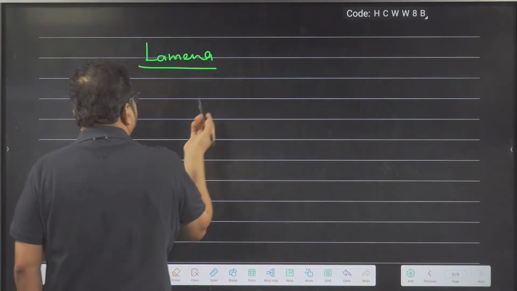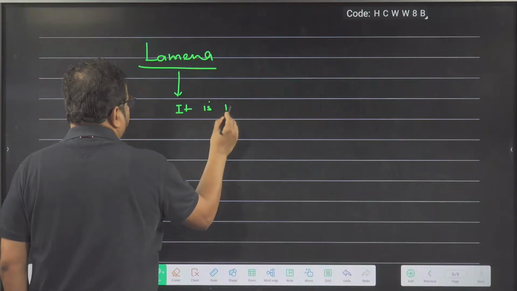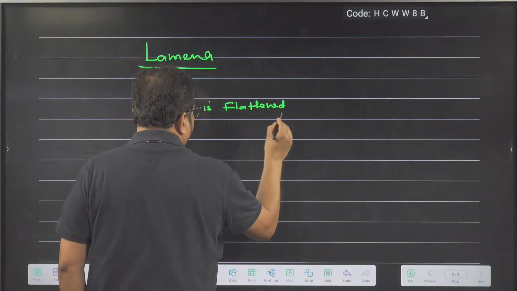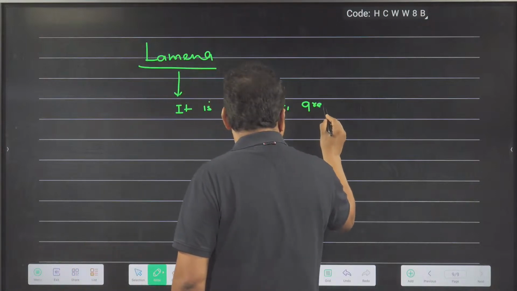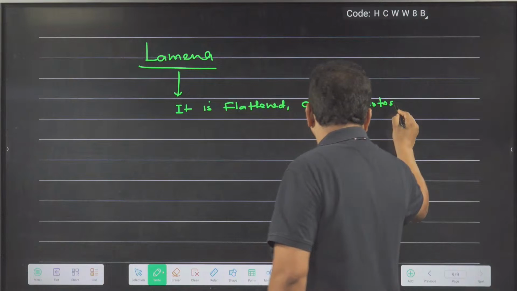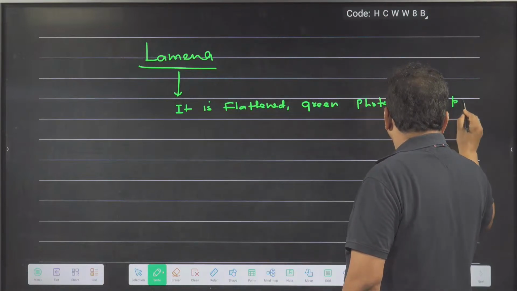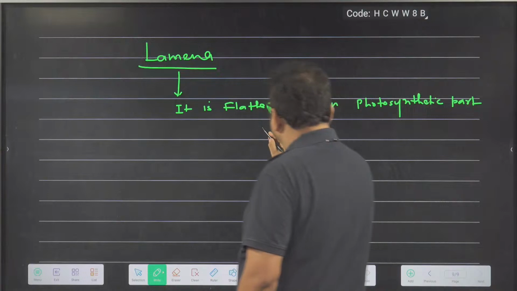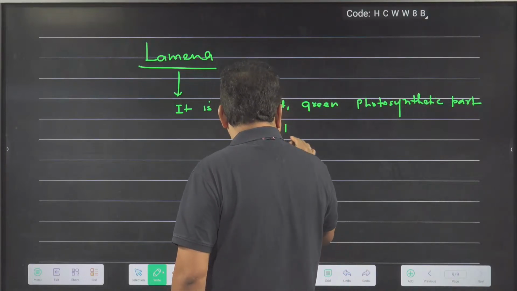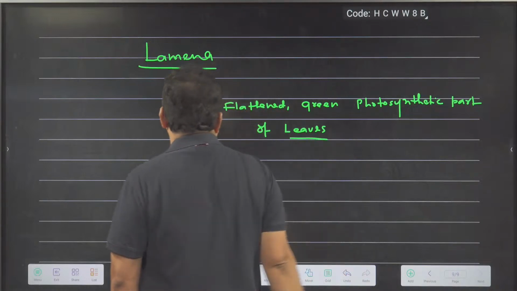Right. So if we talk about lamina, it is the flattened, green, photosynthetic part of the leaf. Mainly photosynthesis is done by which one? Lamina.